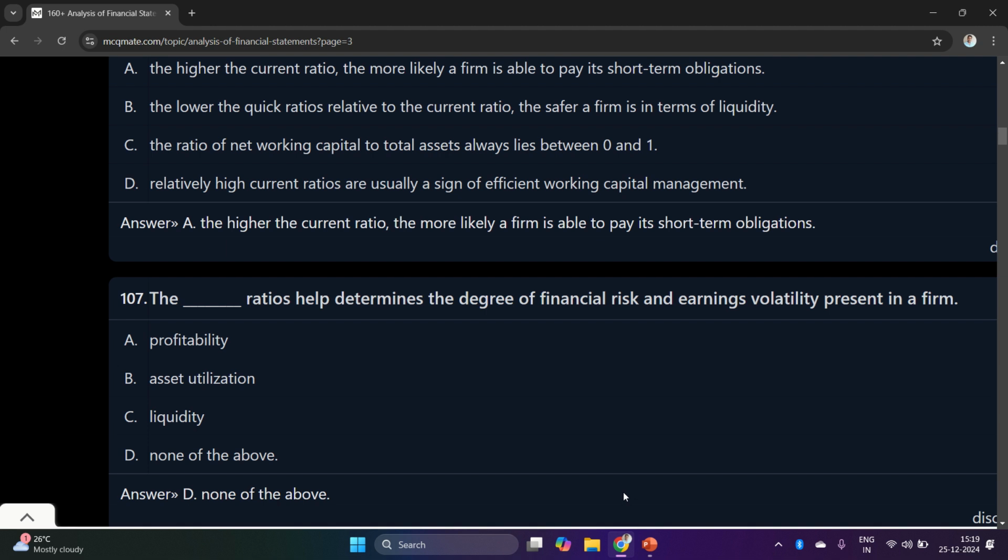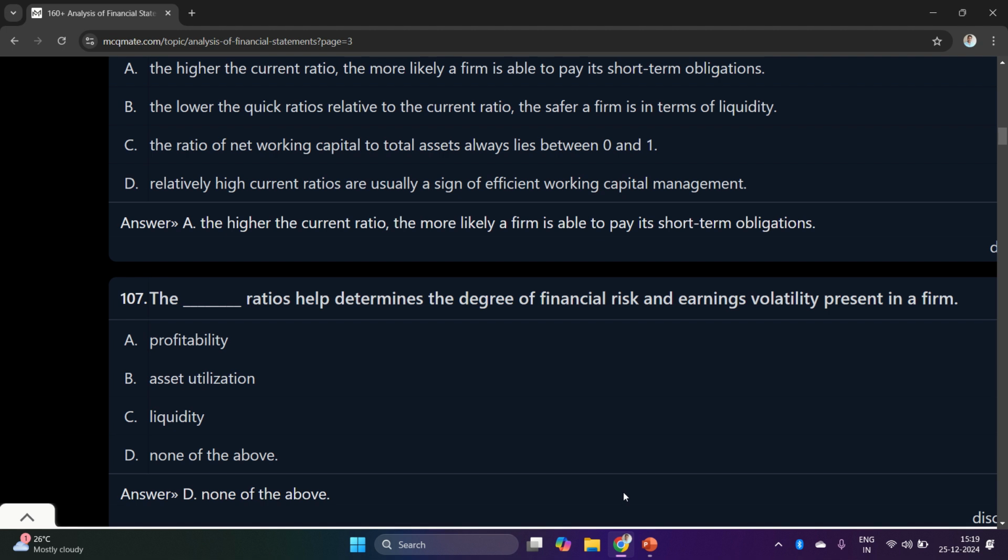The dash ratio helps to determine the degree of financial risk and earnings volatility present in a firm. Why wouldn't it be profitability?